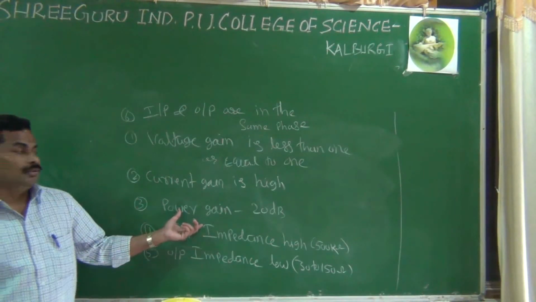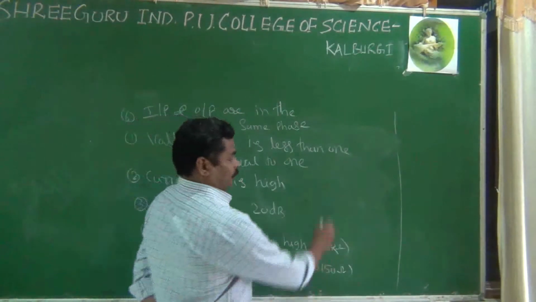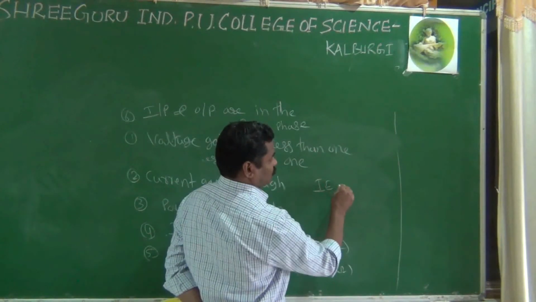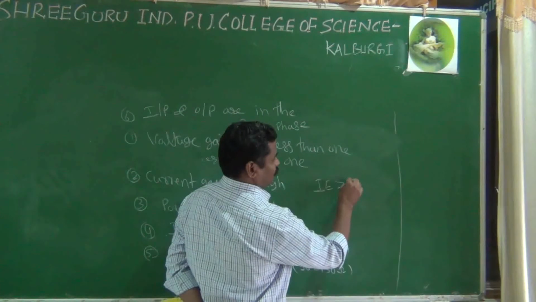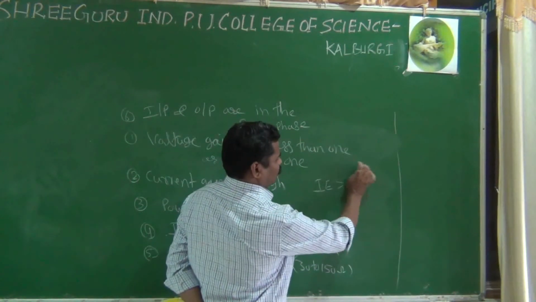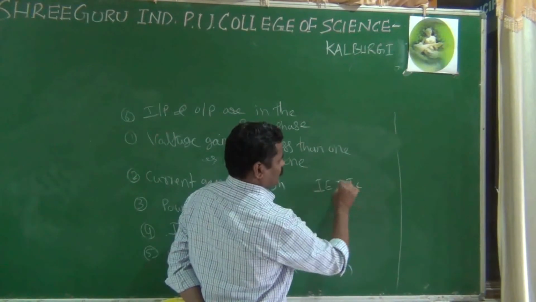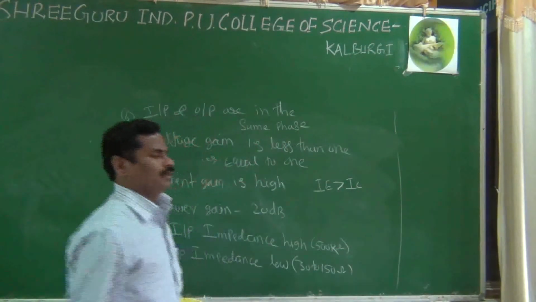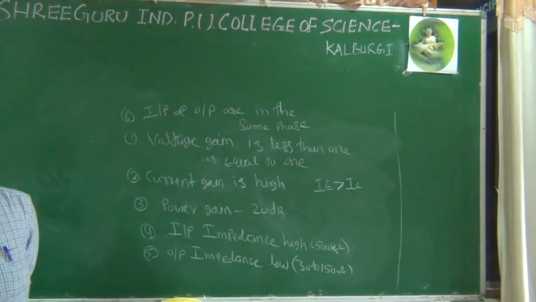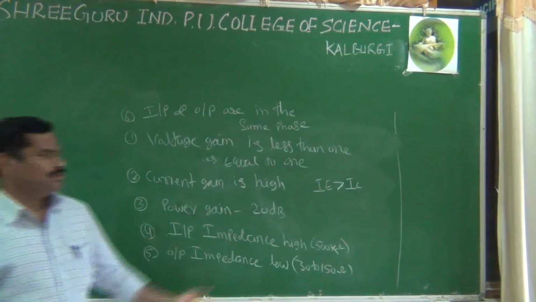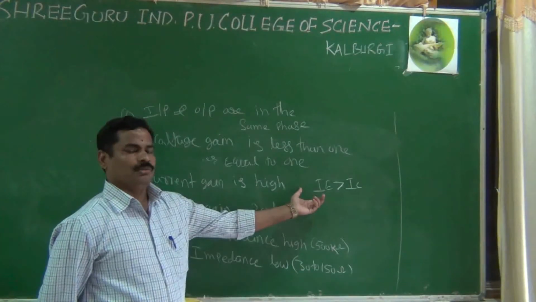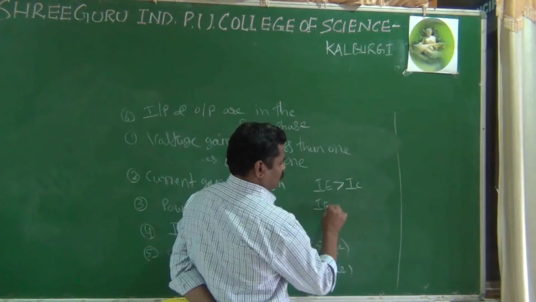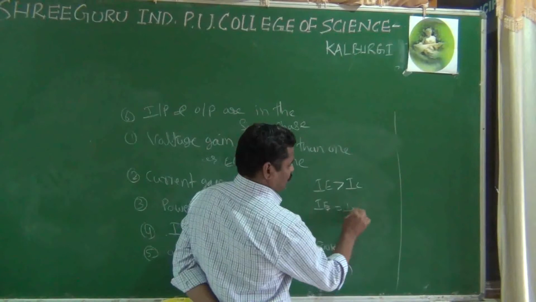As we know, in any transistor, IE is always more than IC, because whether you use common base, common emitter or common collector, according to the general equation IE is equal to IB plus IC.